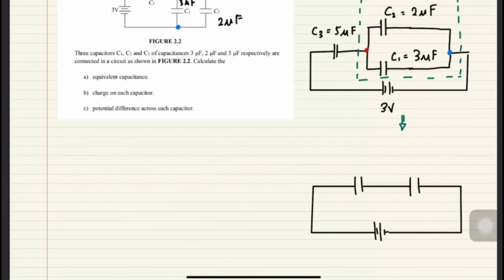So you left with C3, C12 tu dah bergabung, and then power supply 3 volt.